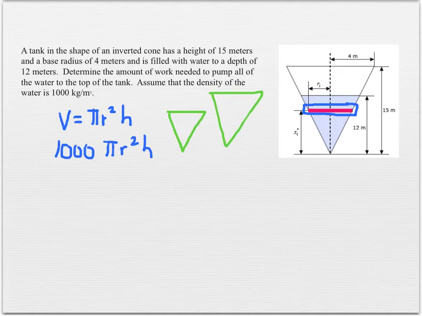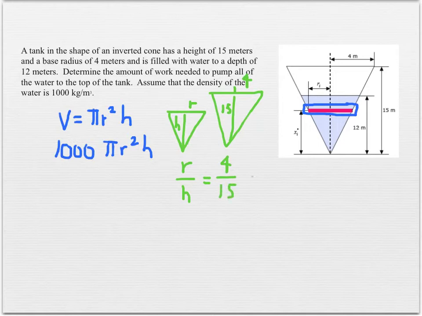So of the very biggest one, we see that the radius up here would be 4, and then that height, which the problem tells us is that whole distance there, would be 15. Meanwhile, on the smaller one, we'll just call the radius r, and then that height h, because that's going to be continually changing. So what we like to do then is set up a little proportion that r over h will equal 4 over 15.